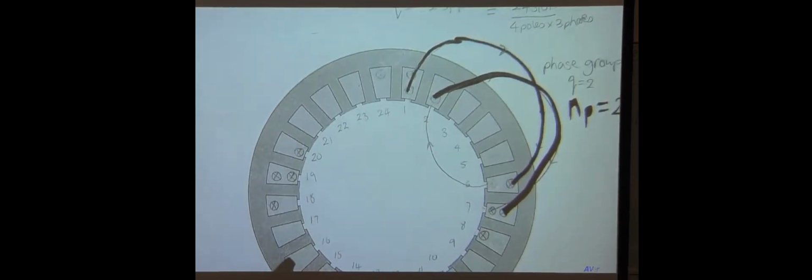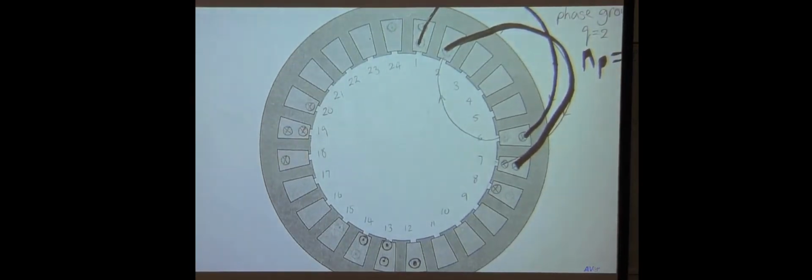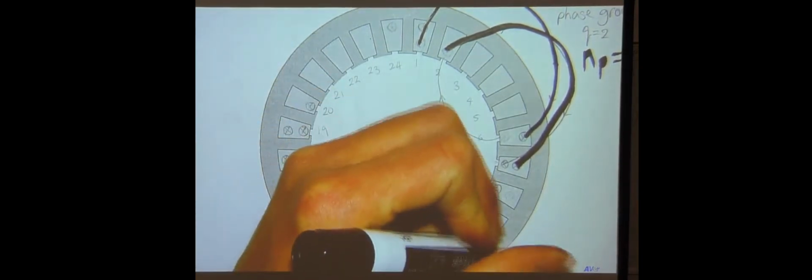Now if we look at the next winding, this would come out of slot 12 and then go around, say to slot 7, like that.